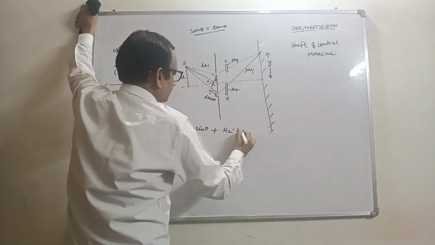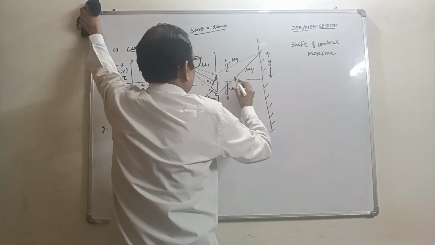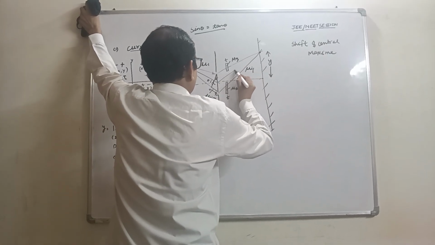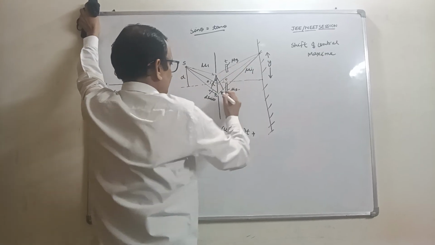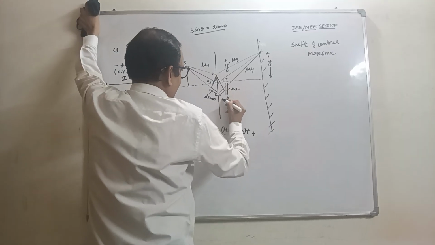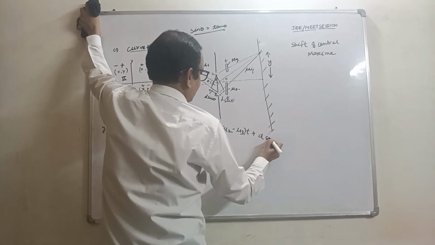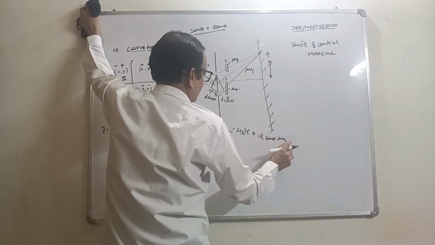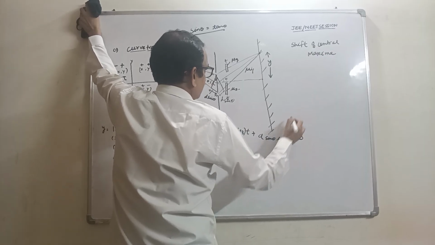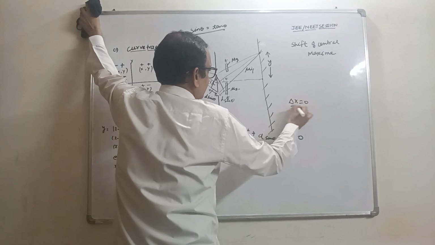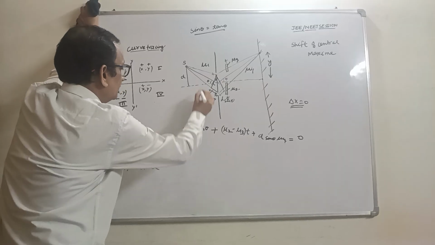So mu2 minus mu3 times t, plus, and this angle would also be theta, and this angle also theta. This is the same path difference. This would also be d sin theta mu4. The path difference for the central maxima is 0, so with sin theta equal to tan theta.